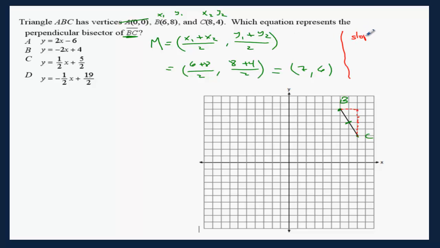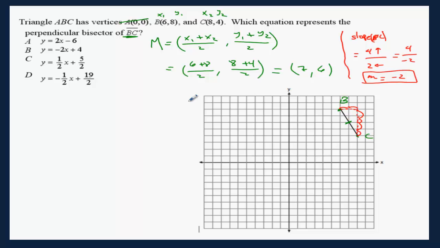The slope of BC equals rise over run: 1, 2, 3, 4, 4 up over 2 to the left. That's going to be positive 4 over negative 2, which is negative 2. The slope is negative 2.